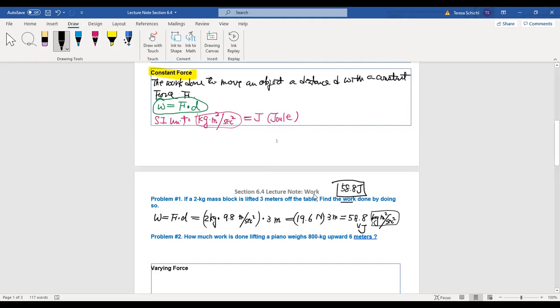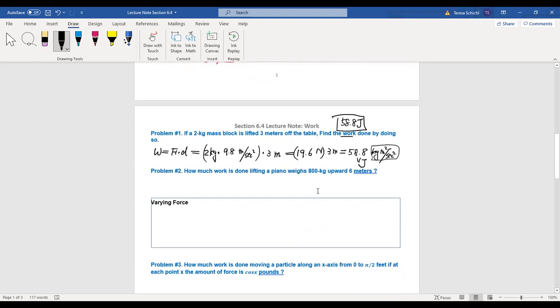Okay, so now let's take a look at the second one here. The second one is: how much work is done by lifting a piano weighing 800 kilograms up to 6 meters? The force for this problem is the 800 kilograms, because this is already the weight, right?